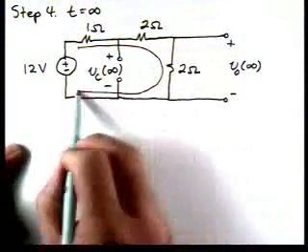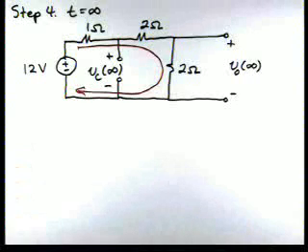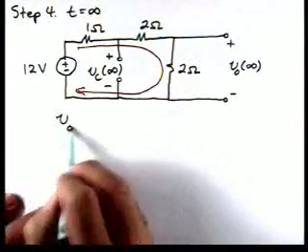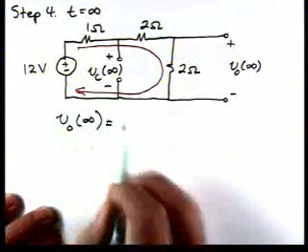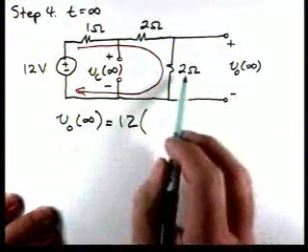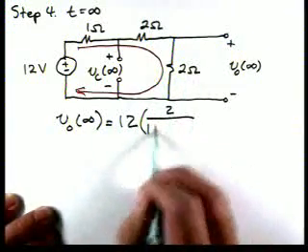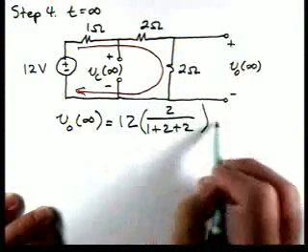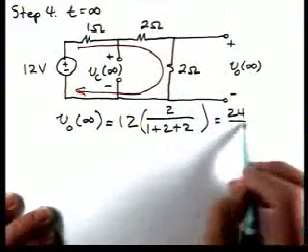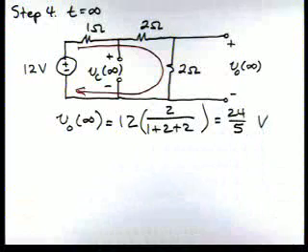We have a single current in this circuit, and we can get V0 of infinity again using voltage division. So we have 12. We want the voltage across this resistor, so we have 2 over 1 plus 2 plus 2, and that gives us 24 over 5 volts.